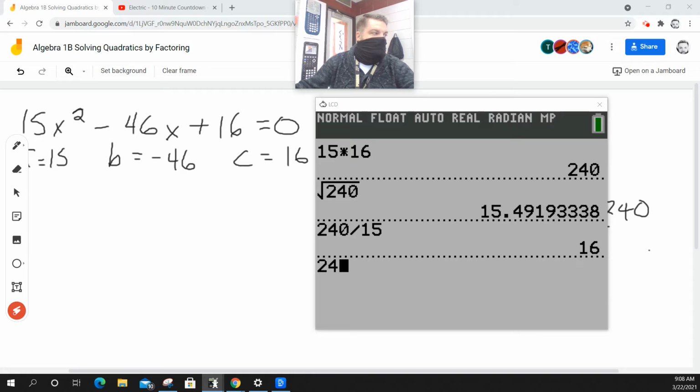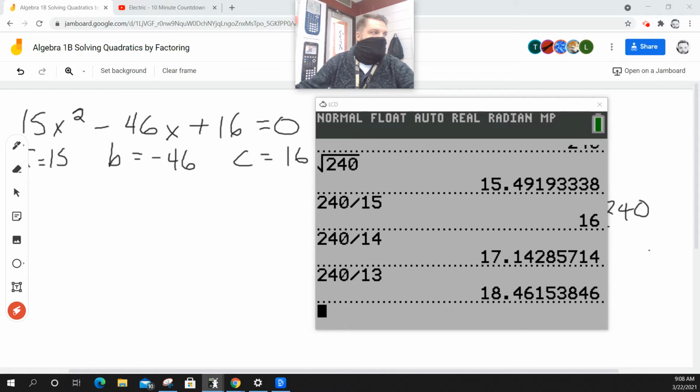I just say 240 divided by 14. Nope, that doesn't work. 240 divided by 13. And what's going to happen is I'm going to find a number that I can divide both of these. It'll go in evenly. I'm going to find the answer this way, okay?